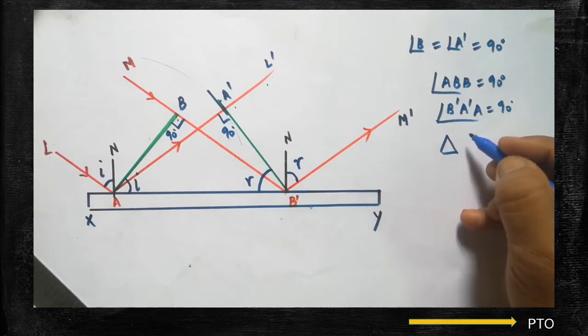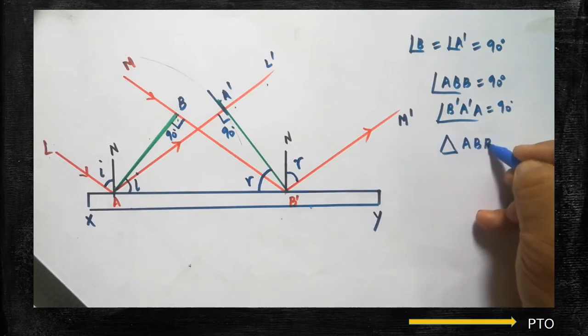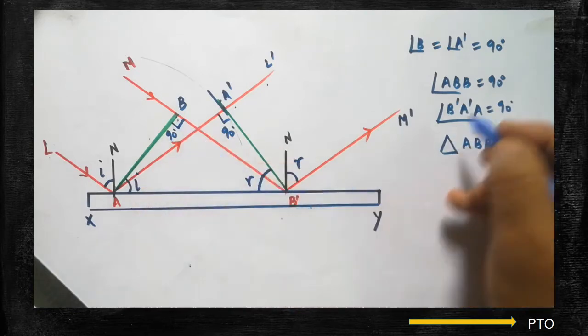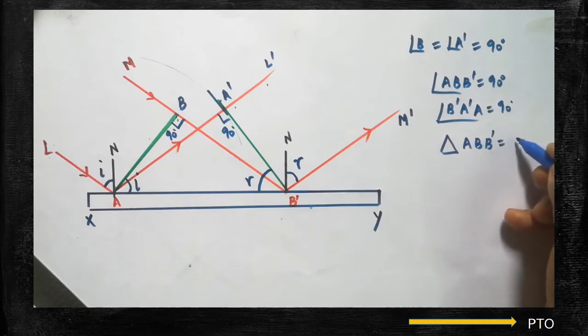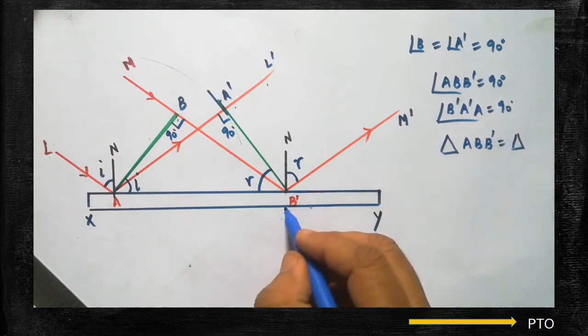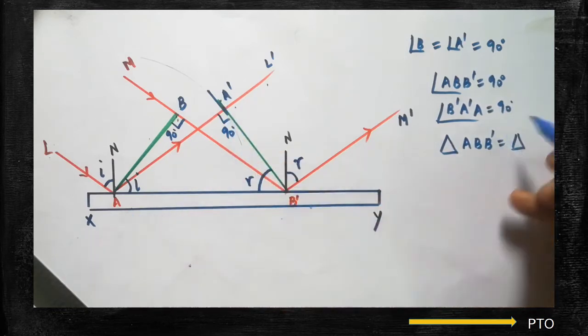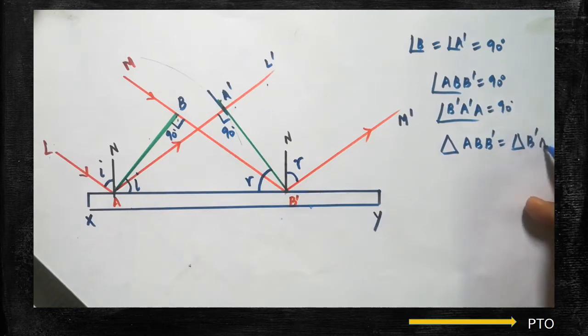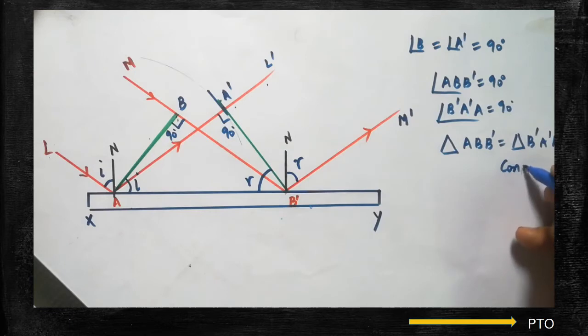Which two triangles? Triangle AB, B dash and triangle, which one? B dash, A dash, A. These two triangles are called as congruent.